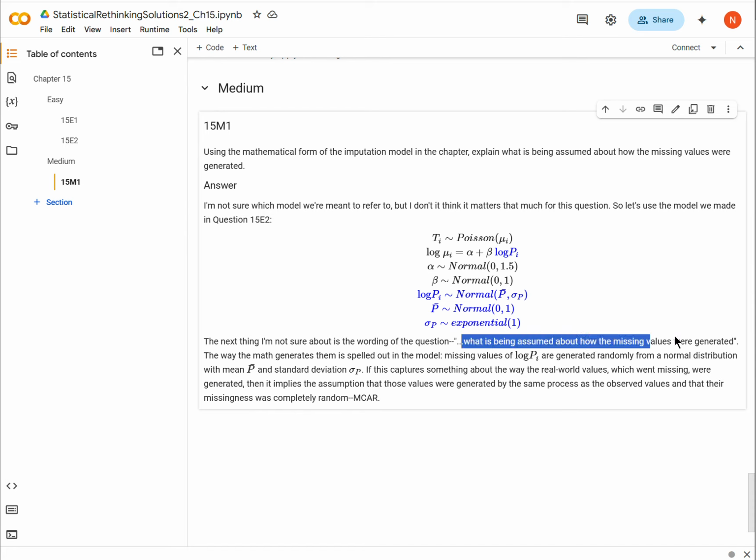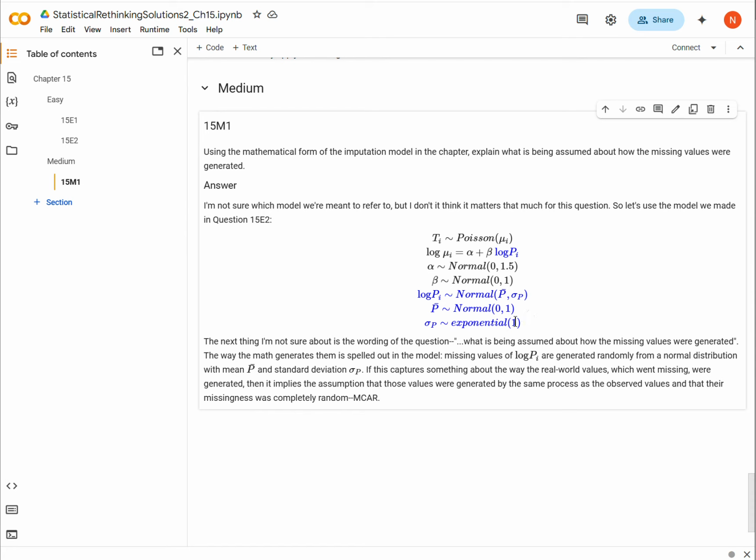So what is being assumed about how the missing values were generated? The missing values could refer either to the values in our data set, the actual numbers that are represented in our data set, and it may be asking how the missingness was generated, or it may mean, in the real world, the values which happen to be missing from our data set, how are those generated?